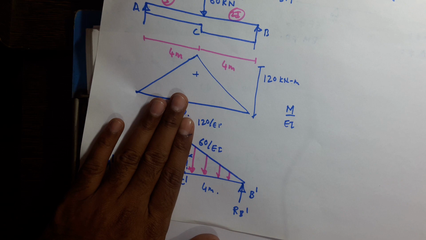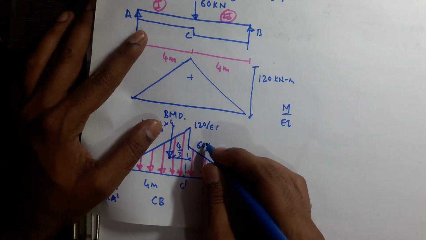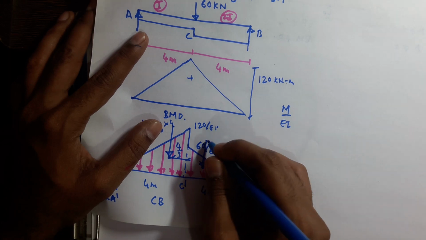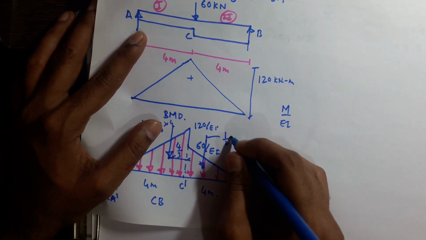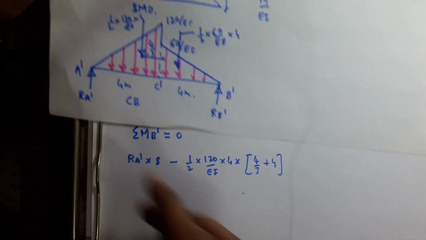Height of this triangle is 60 by EI and the base of this triangle is 4 meter. Total load will be acting here, total load, which is half into 60 by EI into 4. So again this will create anti-clockwise moment.